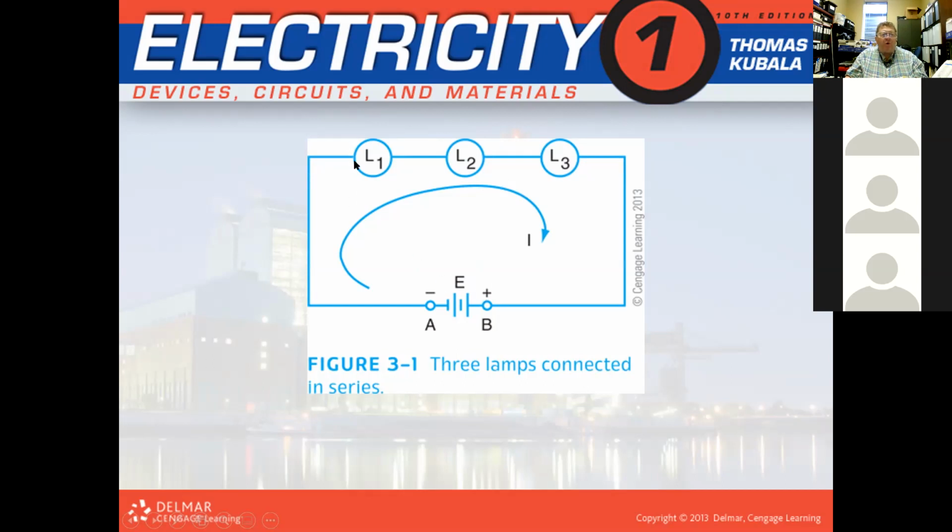So how many volts would you measure across lamp number 1 if it was a 12-volt battery with 3 light bulbs of equal resistance? Each bulb is going to give a voltage drop of 1/3 of that 12. So what's 1/3 of 12?